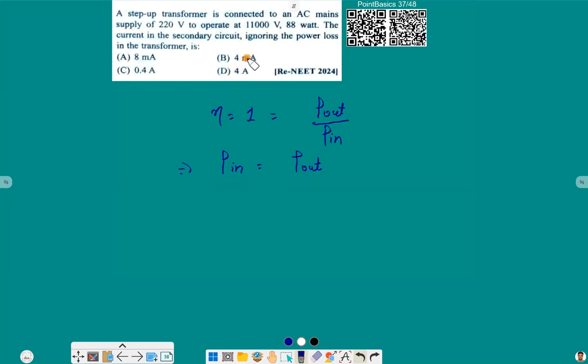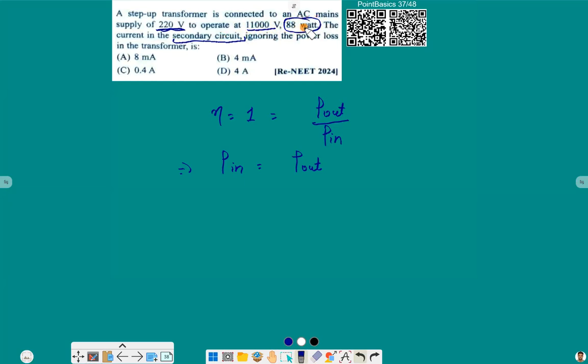Here we have to find the output current. We can say the current in the secondary circuit. So we have to find out the current in the secondary circuit, and this is input potential, and this is output potential, and we have been given 88 watts of power.